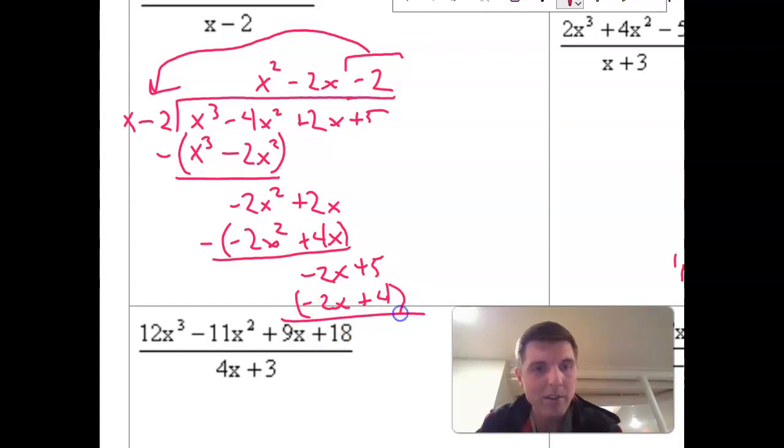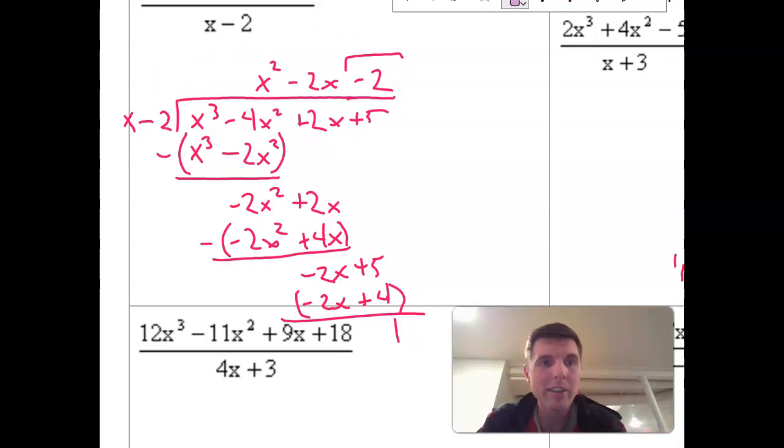So subtract that away, we get 5 minus 4 is 1. Now we don't have any terms left. We don't have anything else to bring down. So this 1 is your remainder. Just like your division algorithm, the 1 is left over. So we're going to add that to the end of your fraction. So we'll say plus 1.